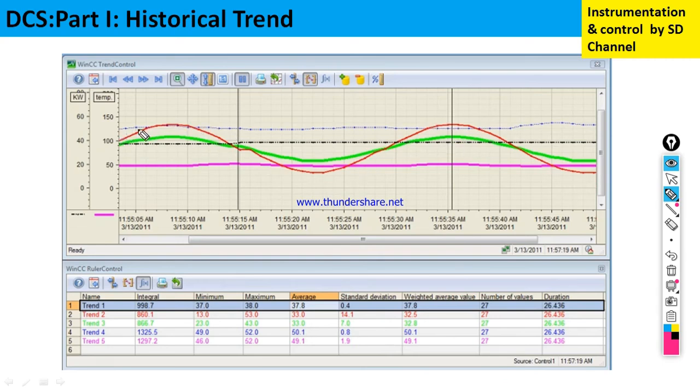So it should be like that, but it is fluctuating. So we can capture this type of error and correct it in the historical trend. We can get data to troubleshoot in many cases. So historical trend is very important.